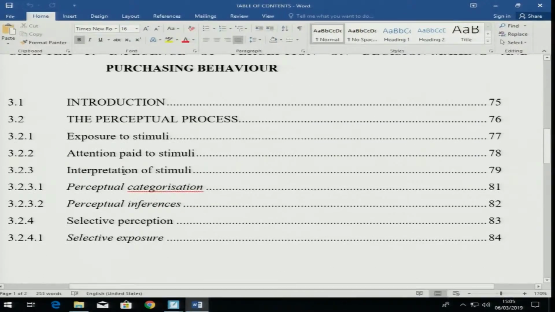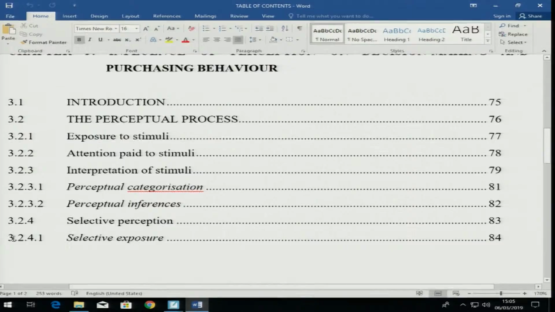Here is chapter 3. It has an introduction. It has 3.2. 3.2 has 3 headings. Then 3.3 has sub-headings. And they are written in italics. And 3.4 is on the same level as 3.3, 3.4.1.